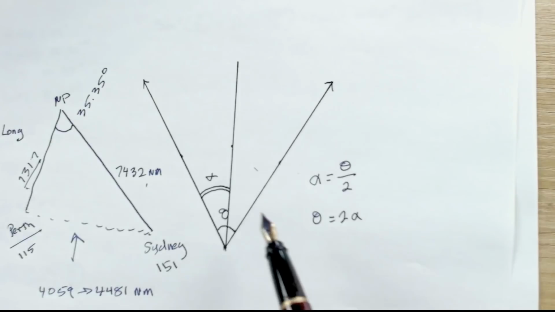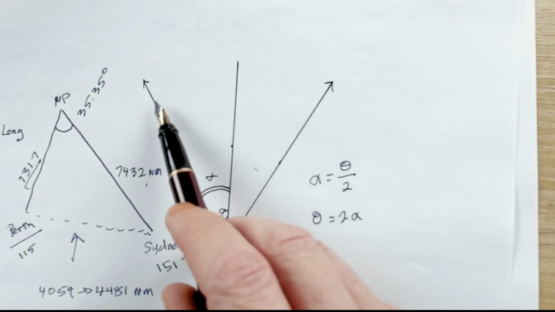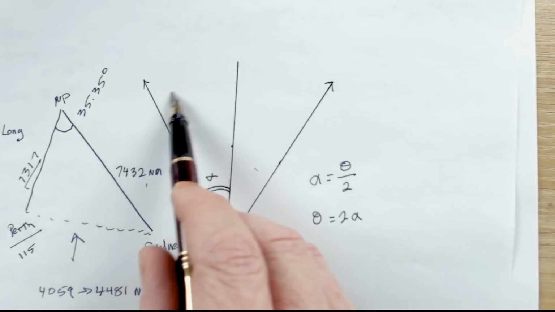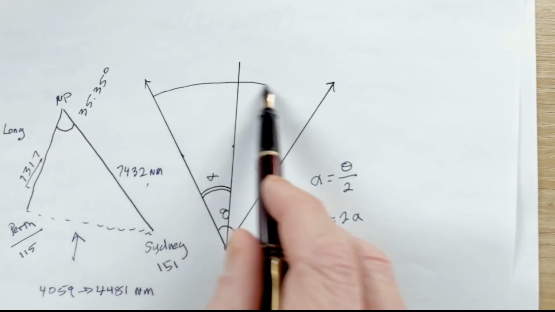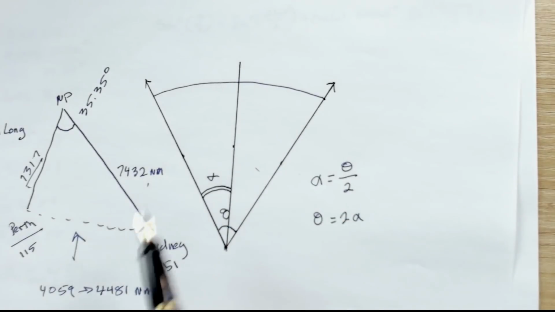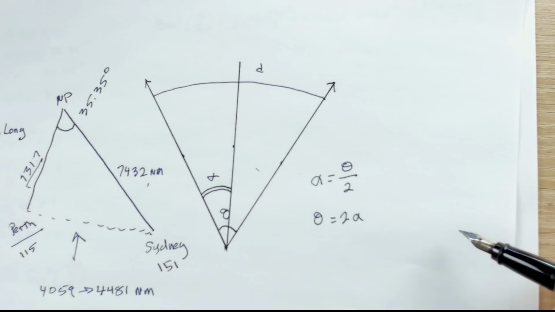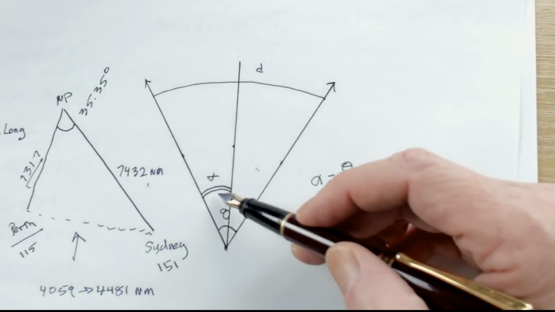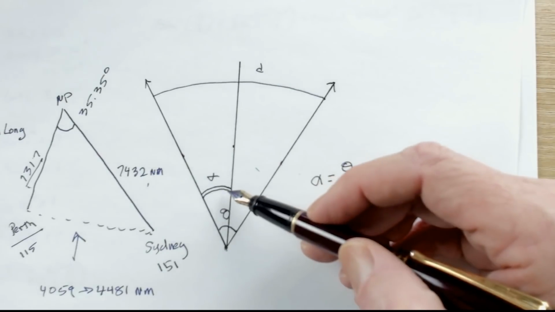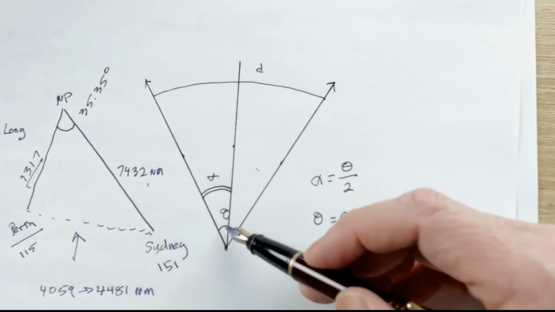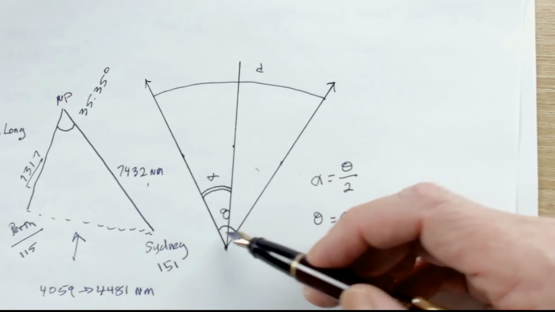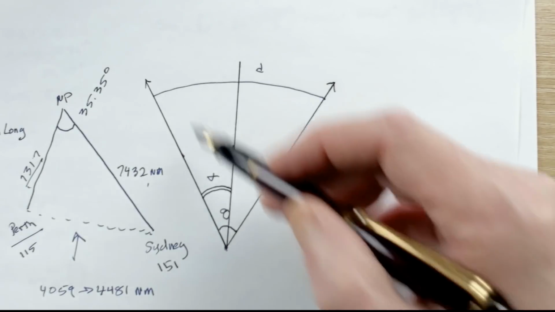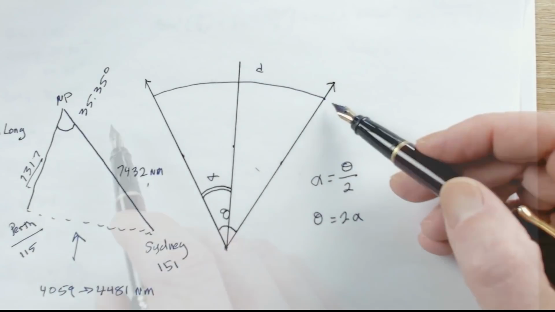Now, the way the Haversine formula works is it compares the arc distance between those 2 points and calls that d. To determine what d is, we need to first find out what this angle alpha is, which is the Haversine, and use that to find angle theta, which is the angle between your start point and your end point.